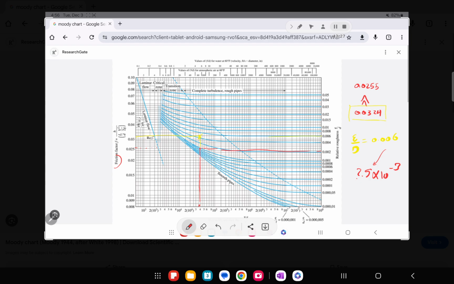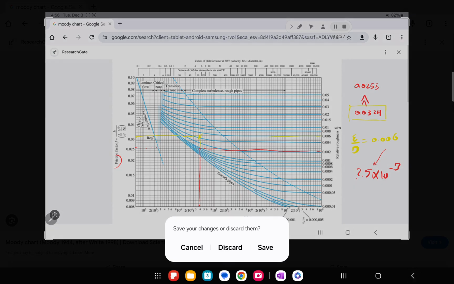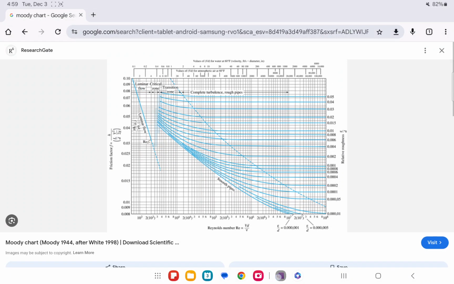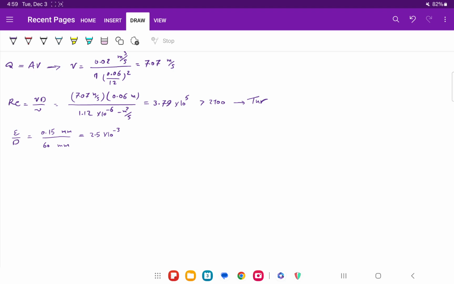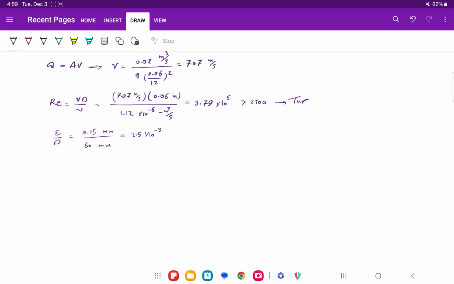So let me go back to this card. Now you know how to work with the Moody diagram. I wanted to show you. Let me write it down.